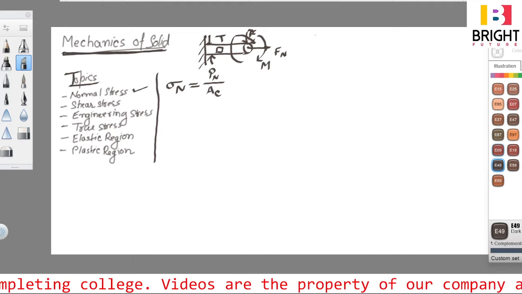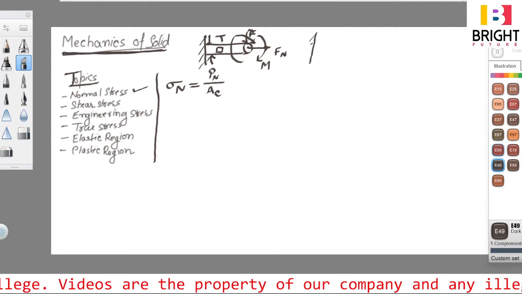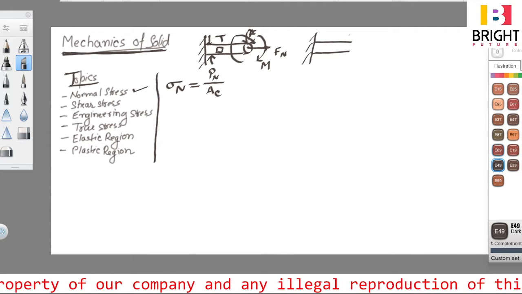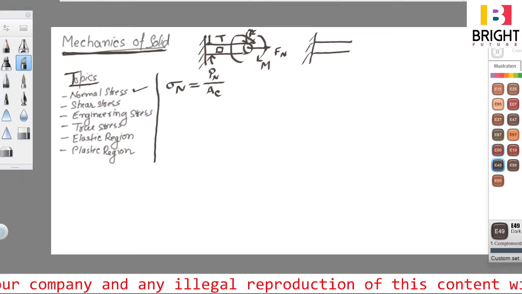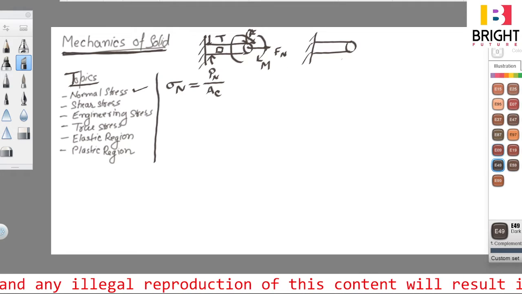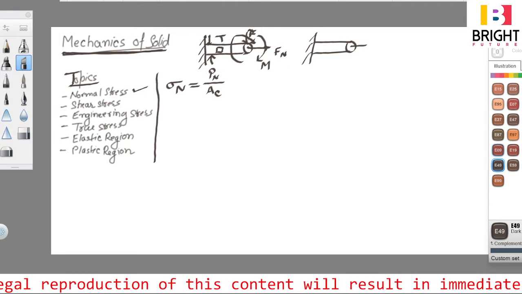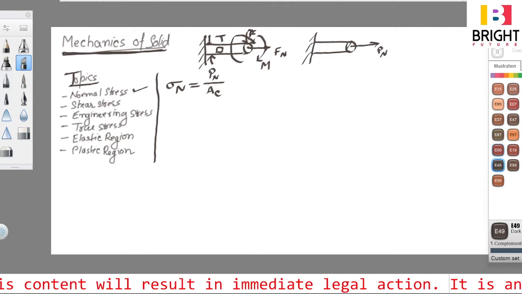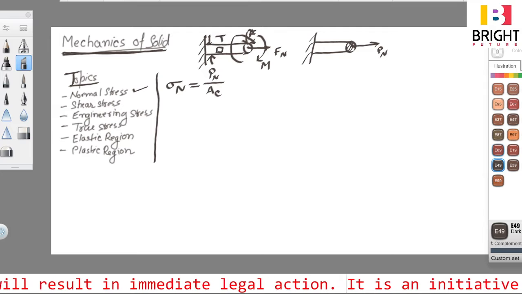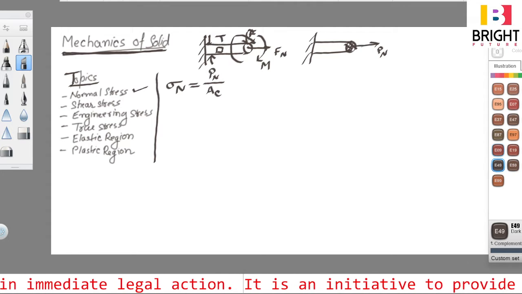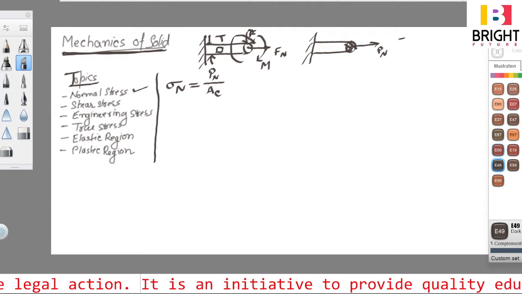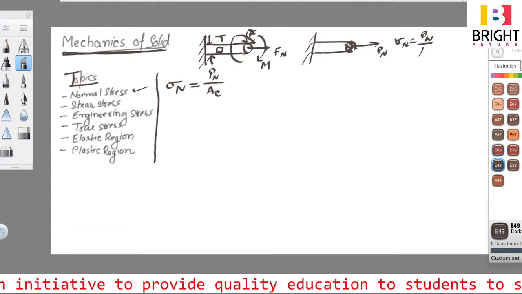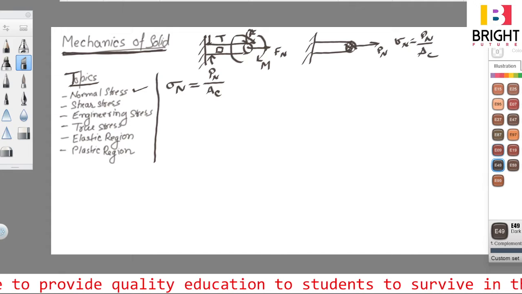For example, there is a cantilever beam or rod like this, which has some cross section. Here I am considering it as a circular one, and a normal force Pn is acting upon it, and this is the area which is normal to this particular load. So normal stress will be equal to normal load divided by this cross-sectional area.